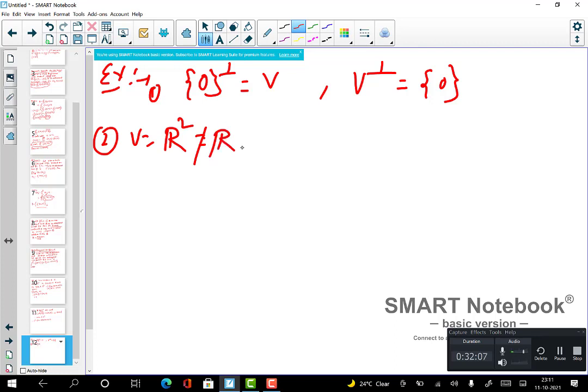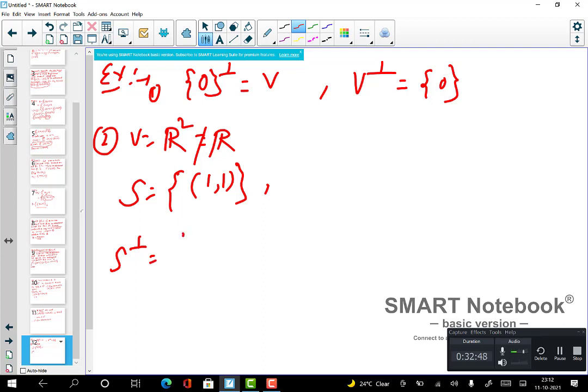Now you choose S, the space spanned by, or rather you choose a singleton, it doesn't matter. S is the vector (1, 1) in R2. Then what is S bar?